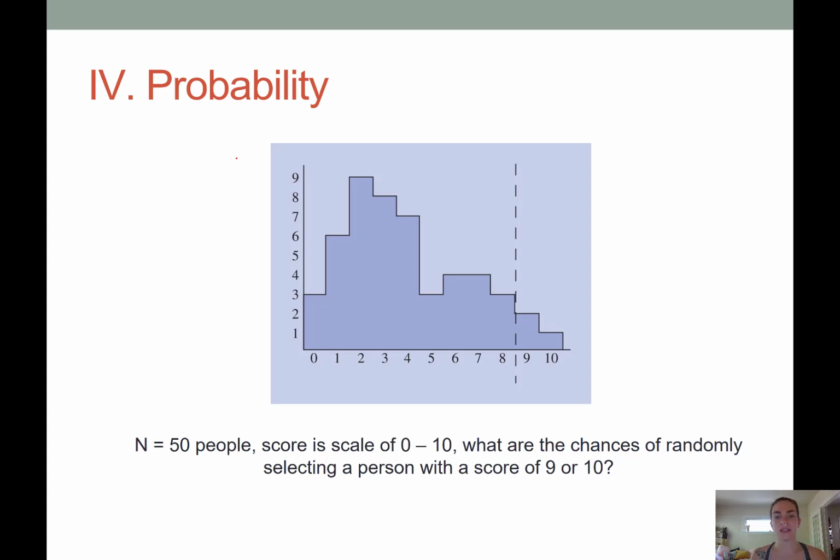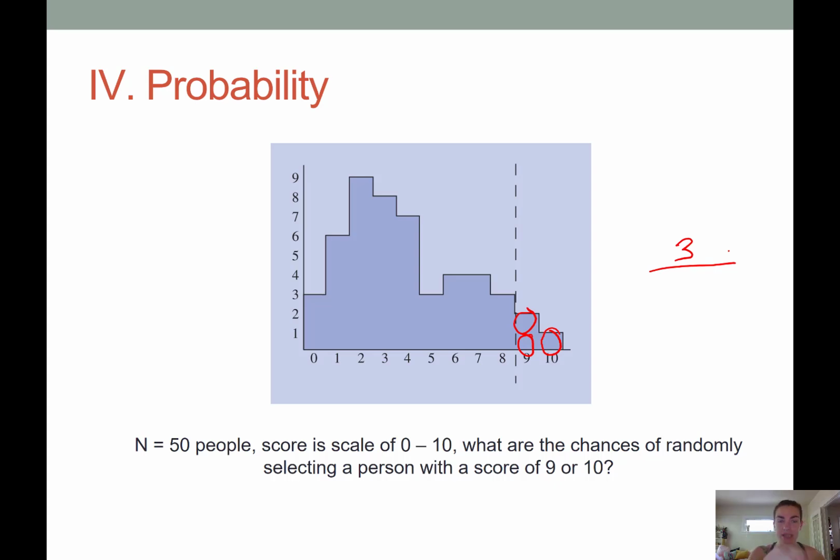Well, the number of possible successful outcomes, or in other words, how many possibilities are there for me to find a person with a 9 or a 10? I see that there's one person here, and one person here with a score of 9 or 10. Okay, so that's my numerator, the number of possible successful outcomes. And then how many people total are there?